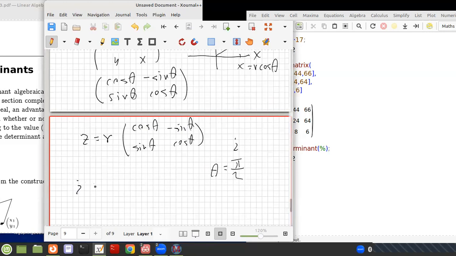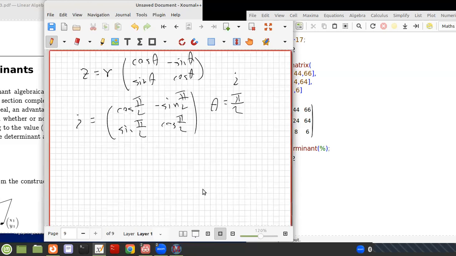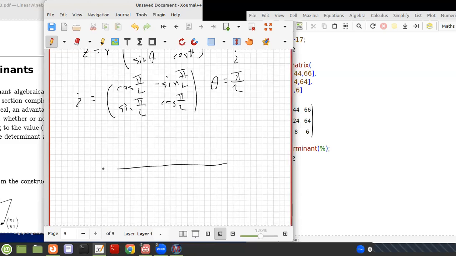So i equals (cosine pi over 2, minus sine pi over 2, sine pi over 2, cosine pi over 2). So then if we look at the plane, x, y, and we start with the vector (1, 0) here, right? So this is our vector (1, 0), say.